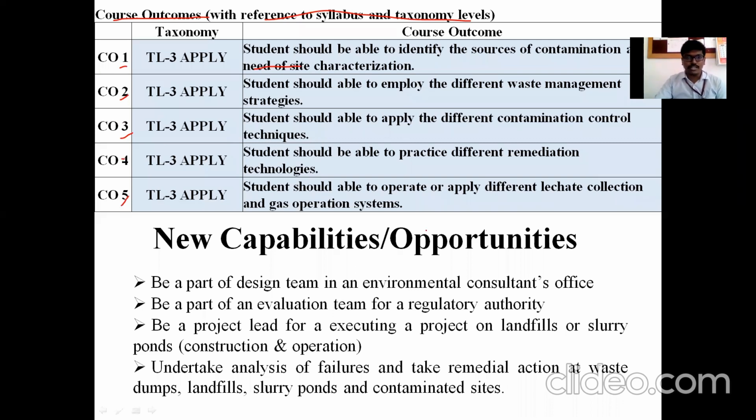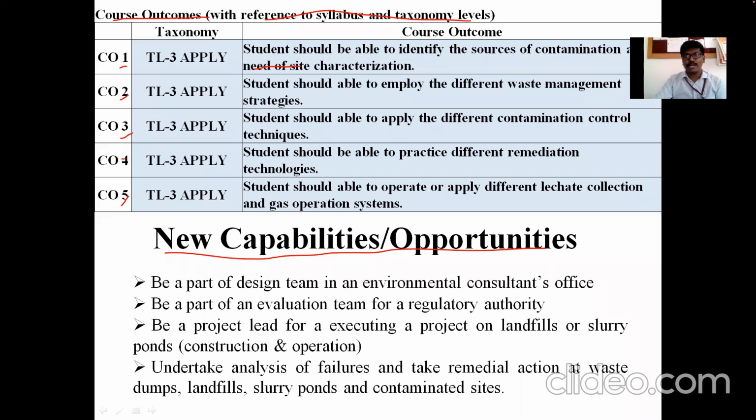Moving to the new capabilities or opportunities you may get in the future after studying this course, I just want to list some of them because it is very important. Usually the subject teacher starts the course, explains the syllabus, each topic of the unit, and the previous year question papers.